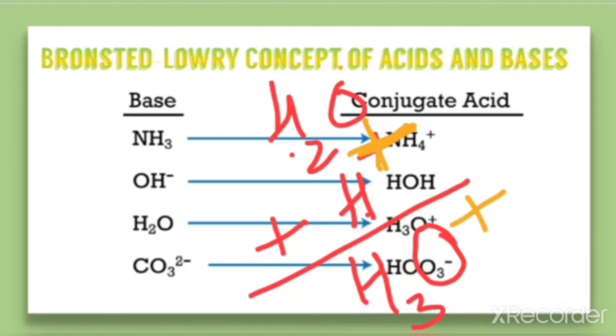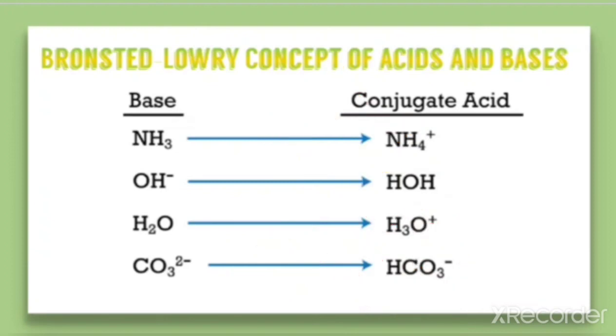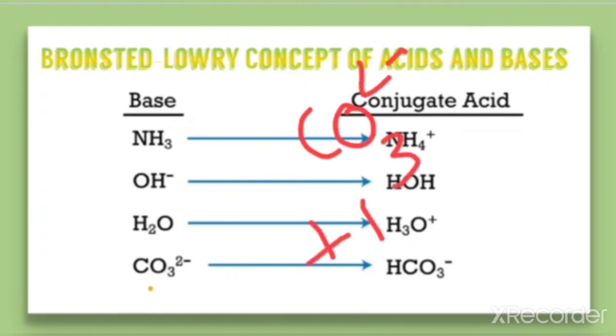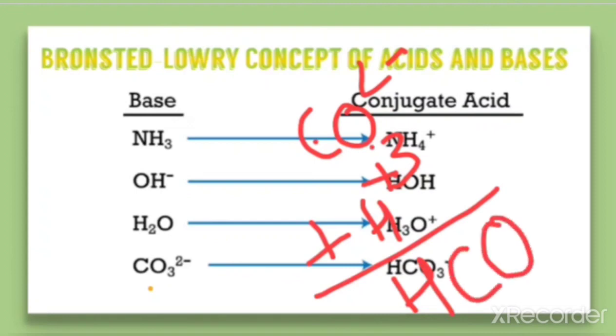Therefore, H3O plus. For the next one, the carbonate ion, the formula is CO3 2 minus. When it acts as a base, it accepts the H positive. So just add it: one H, one C, and three oxygens already there. What about the charge here? Look at the charges: two negative charges are on the carbonate ion and you are adding one positive charge.